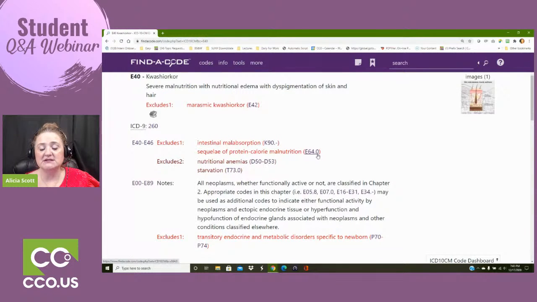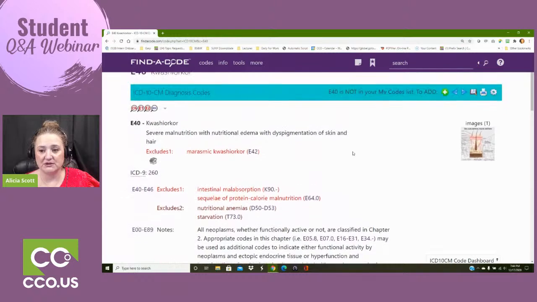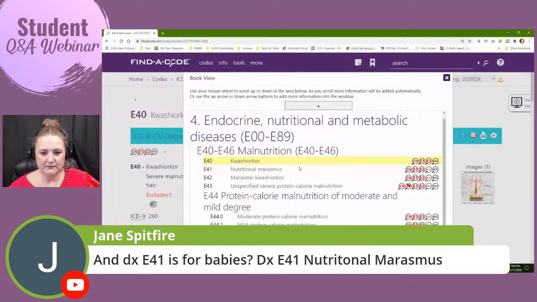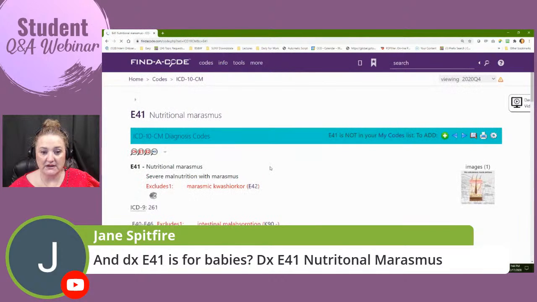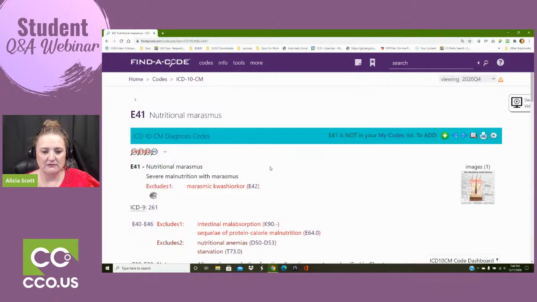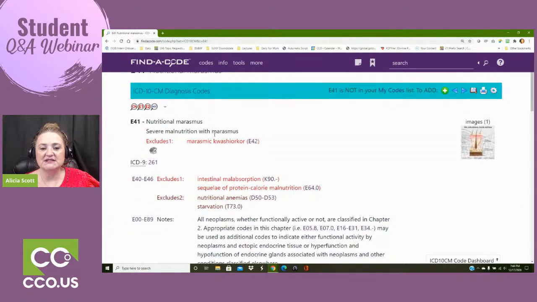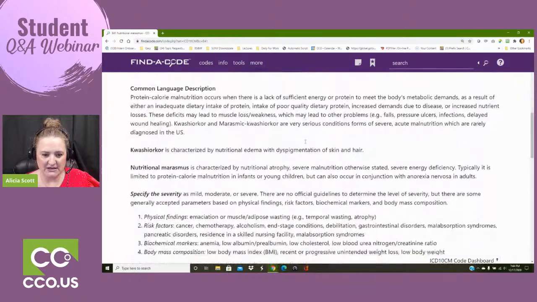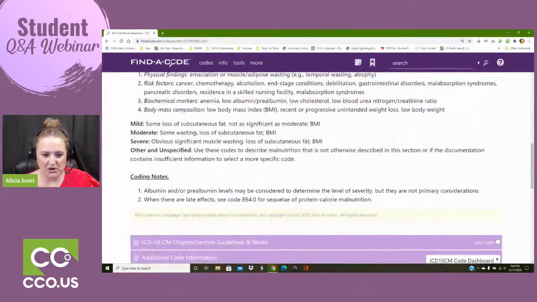E64 is sequela of protein-calorie malnutrition, you know, late effect. And the other code you said, 41. Okay. Can you have both? Now these carry HCCs. Okay, this is different because this has marasmus, and that is, I don't know what that is.